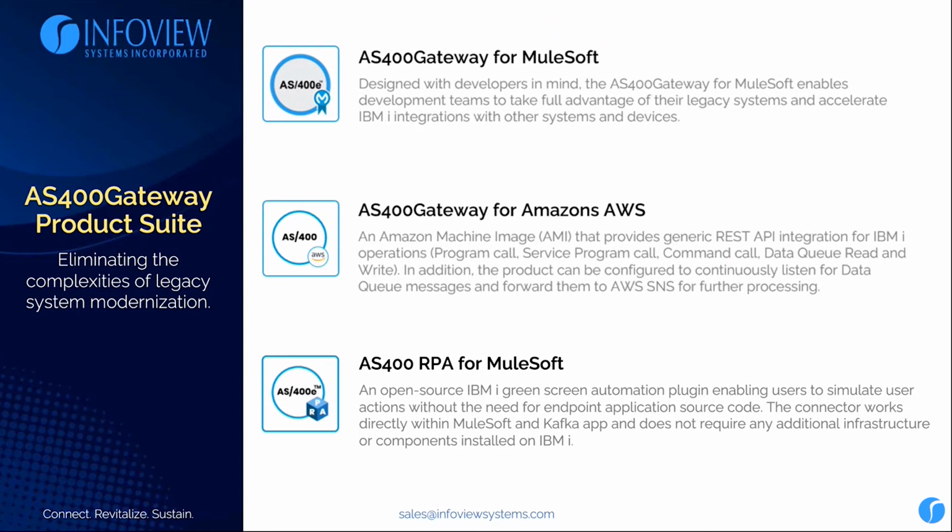The AS400 gateway for AWS is an Amazon machine image that provides generic REST API integration for IBMI operations. The AS400 RPA is an open source IBMI green screen automation plugin, enabling users to simulate user actions without the need for endpoint application source code. The connector works directly with MuleSoft and Kafka and does not require any additional infrastructure or components installed on the IBMI.